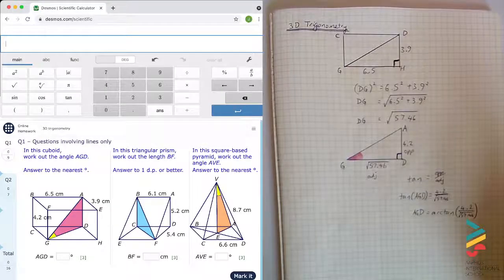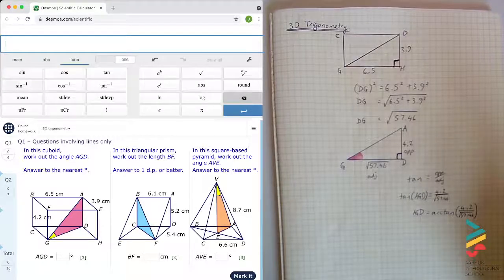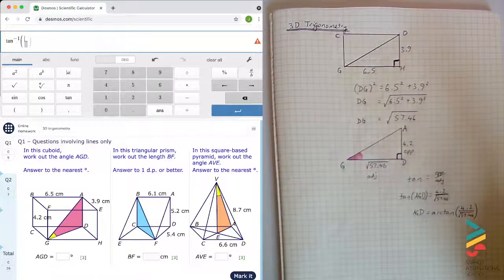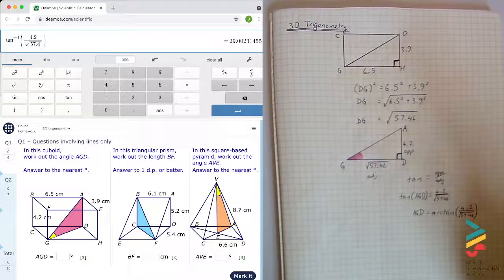So I'll go function and then tan with a little -1 for inverse tan. And then I want a fraction there, so back to the main menu, make a fraction, and then I want 4.2 over the square root of, so let's make a square root, 57.46.